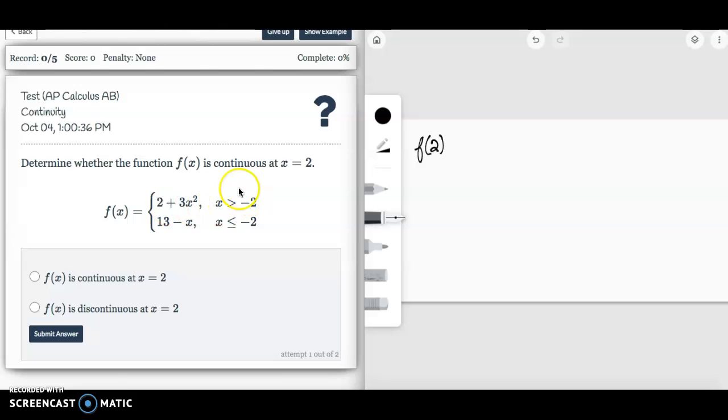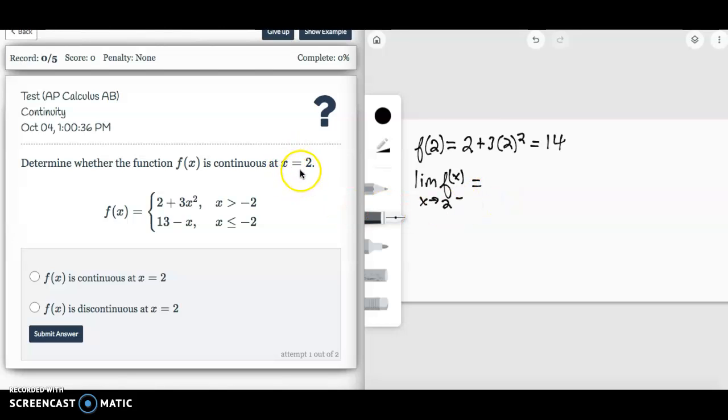Well, I would plug it into the top piece because I'm plugging in an x value that's greater than -2. So I would end up with 2 plus 3 times 2 squared, which would give me 2 plus 12, 14. Then I'm finding my left and right hand limits of f of x as x approaches 2.